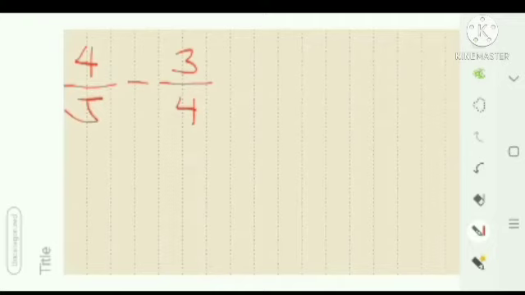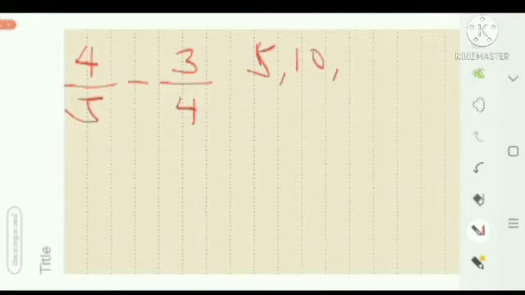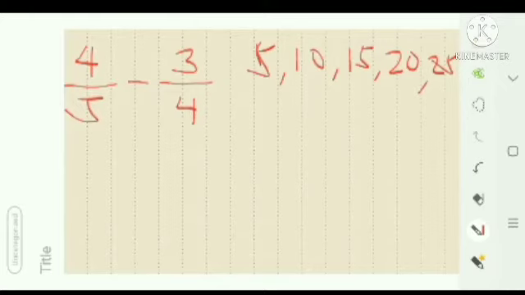So for denominator 5, the multiples are 5, 10, 15, 20, 25, and so on.